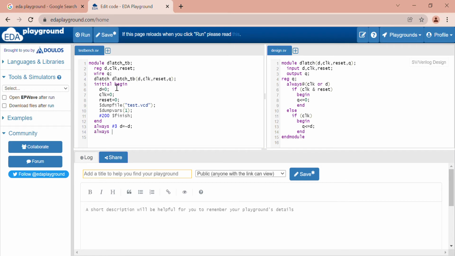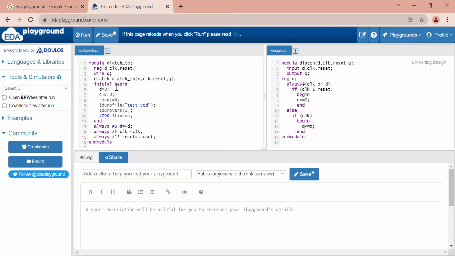Always #5 clock toggles, and always #12, giving a reset pulse that is toggling after this much time. And endmodule.